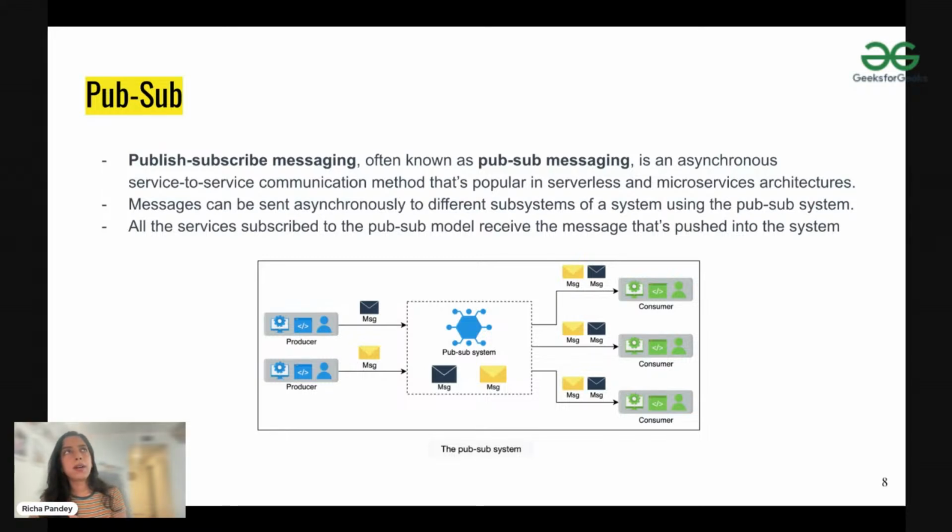Let's take an example of a WhatsApp group. Say you have 100 people in the group, and you send a message in the group. Now all these 100 users have to be notified that there is a new message in the group.